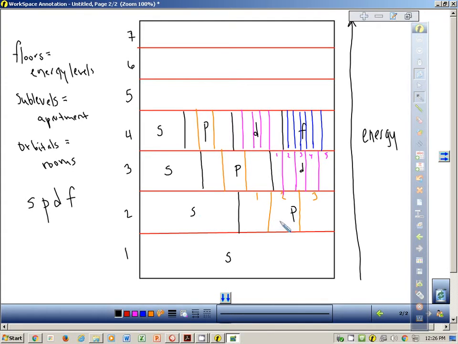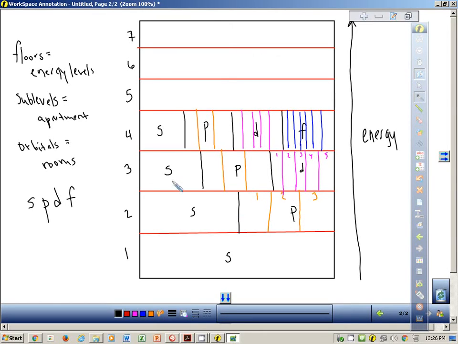Are we with that? But what about the rooms of the P? What about the 1st room and the 2nd room and the 3rd room? What that 2nd bullet's trying to tell you is that all of these rooms in this P apartment are all equal energy. They all have more energy than the S, but they're equal to each other.